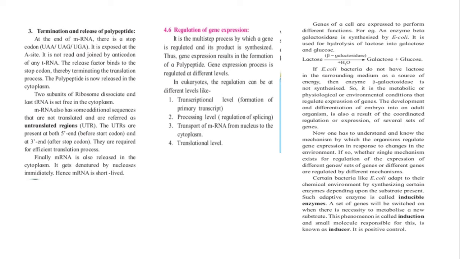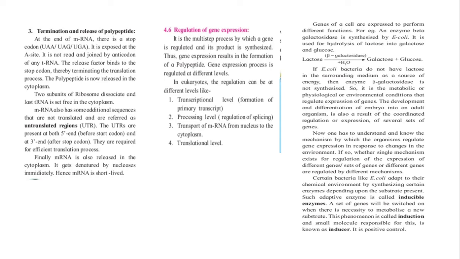In eukaryotes, the regulation can be at different levels. Number one, transcription level. Number two, processing level. Number three, transport of messenger RNA from nucleus to the cytoplasm. And number four, translation level.